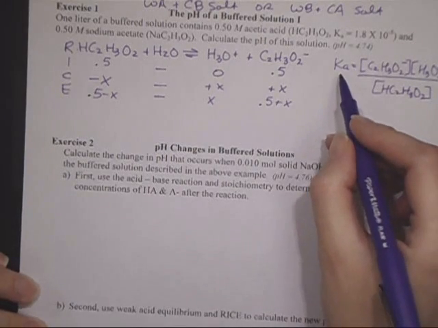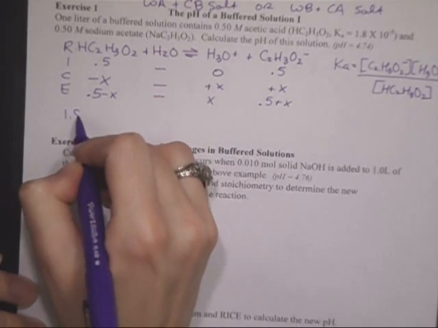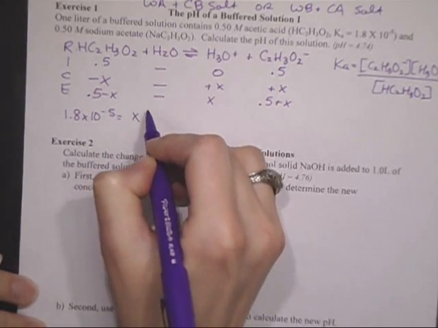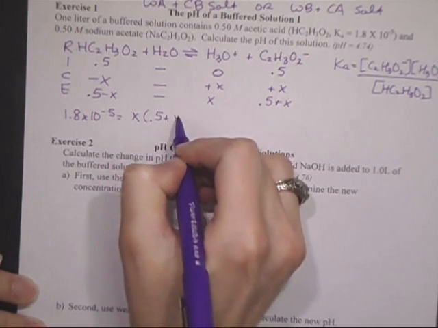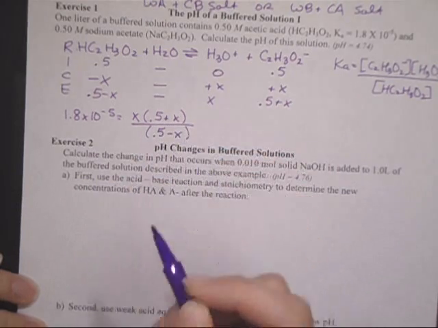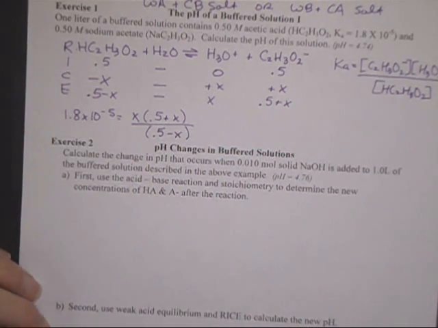Then I can go back in and plug into my Ka expression. I have 1.8 times 10 to the minus 5 equals x times 0.5 plus x over 0.5 minus x. I learned a new rule instead of the 5% rule where you have to check it afterwards.